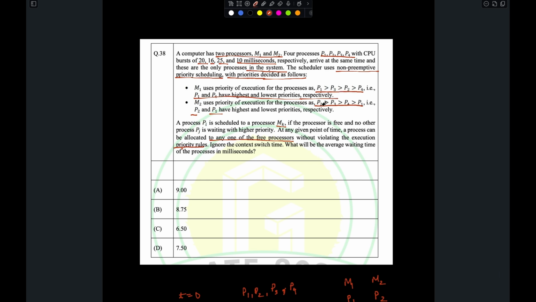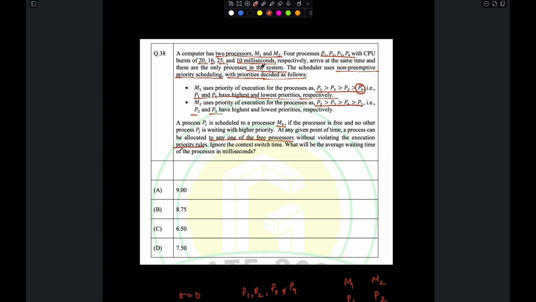Now at t equals 20, we would see an important thing: since P3 has already started running on M2, we would now move on to the process that is after P3 in the priority order, which would be P2.